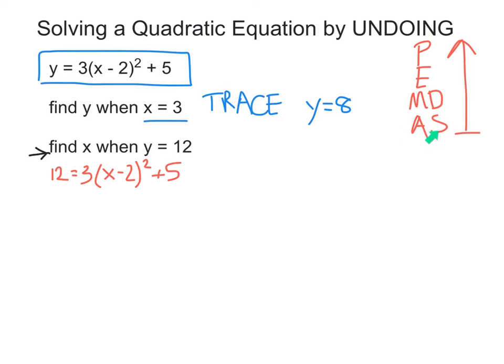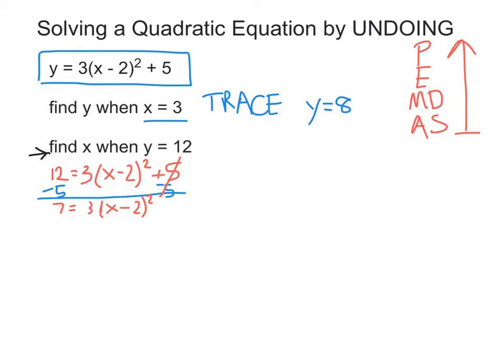We're going to use addition or subtraction first to undo addition or subtraction. So since we have addition of 5 over here, we're going to subtract 5 from both sides. And then we're going to rewrite 12 minus 5 is 7 equals 3 times x minus 2 squared. The positive 5 and the negative 5 cancel.